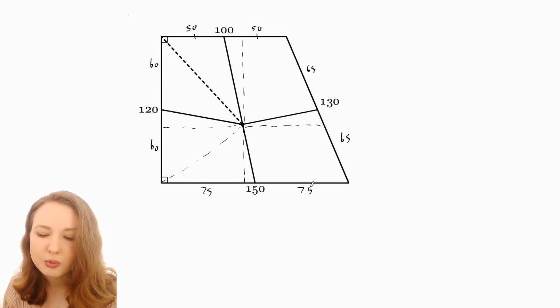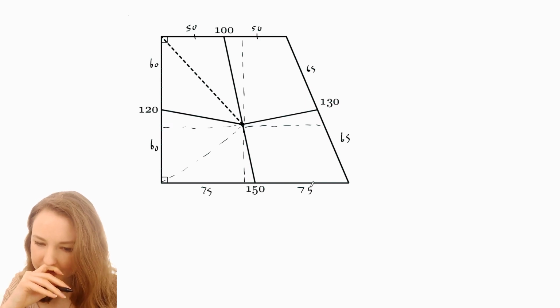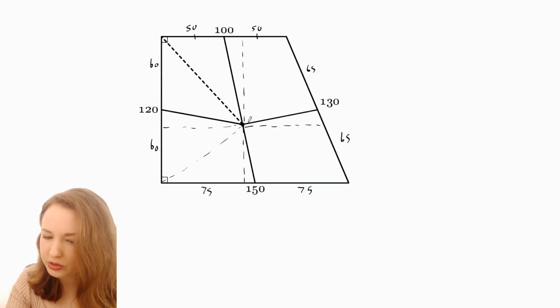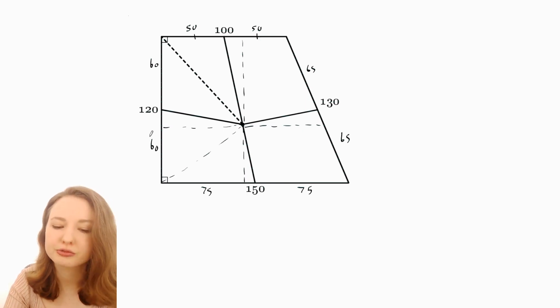And then this height here, we don't know what it is yet, but we know that the area of this triangle is half of the 60 times that height. But so is the area of this triangle, because they actually have that same height.